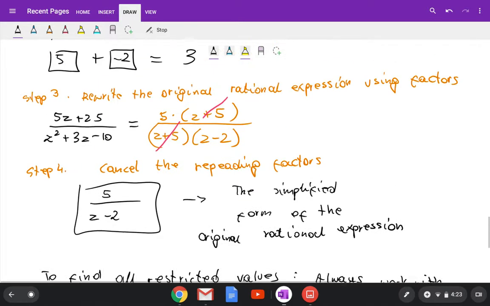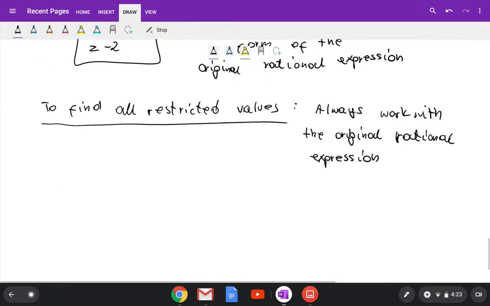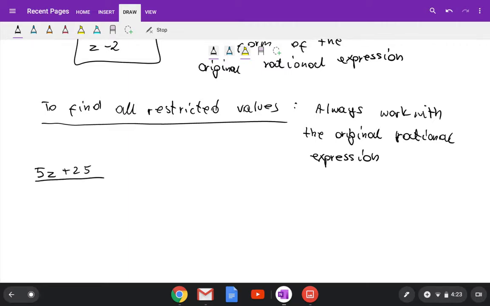Okay, so the original rational expression was 5z plus 25 over z squared plus 3z minus 10. So I just taught you that. How are you going to find restricted values?